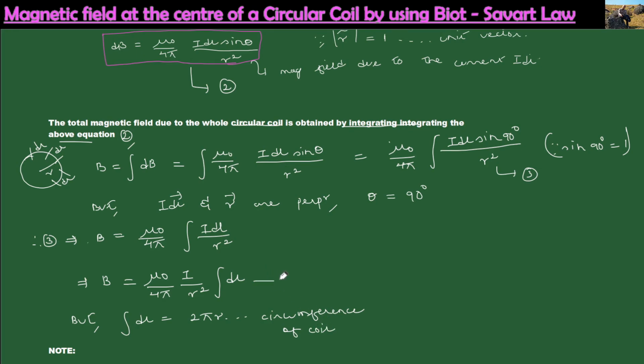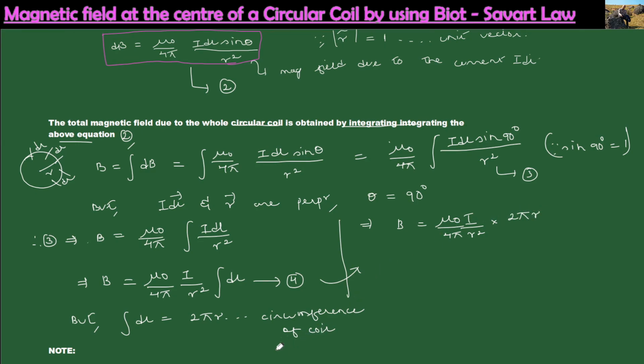So this expression now reduces to B equals mu naught I divided by 4 pi r square, and the integration over dl is twice pi r, so I can simply write twice pi r.